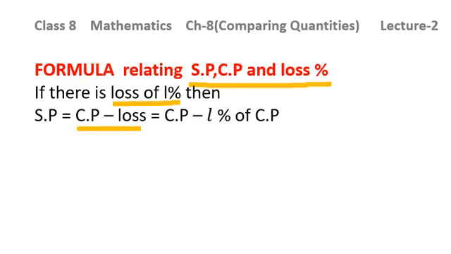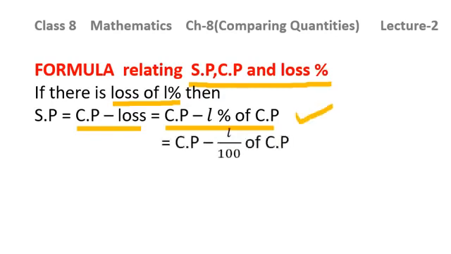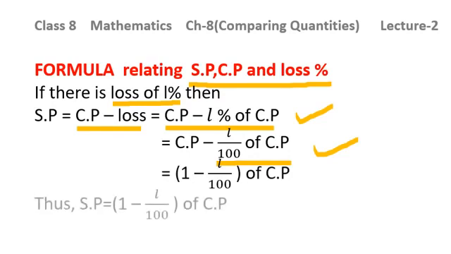In place of loss we have written loss percent, that is L percent of CP, in this step. As I told you earlier, the percentage sign is given, so it will be L over 100 of CP. Then we have taken CP common as we have done in the previous formula: 1 minus L over 100 of CP. Then the formula will be SP is equal to 1 minus L over 100 into CP. So this is the formula.